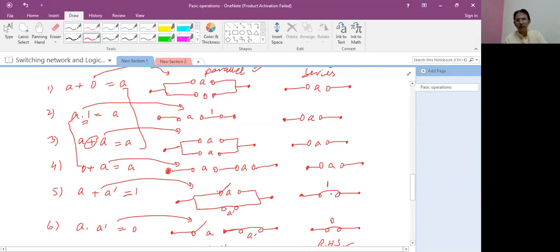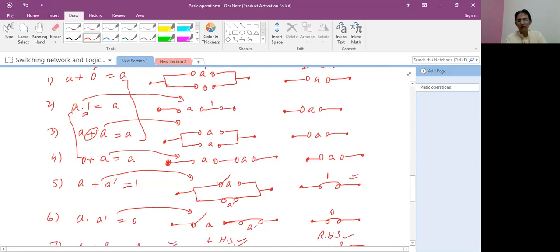A dot A complement, the complement law with respect to multiplication, is equal to 0. So A and A complement in series form, and the answer is 0.